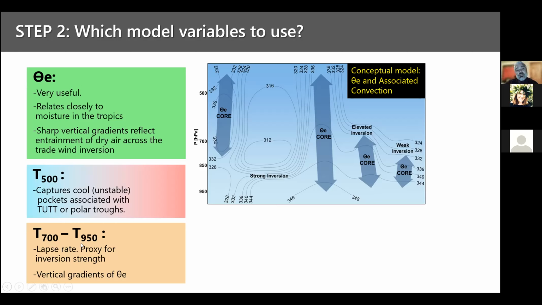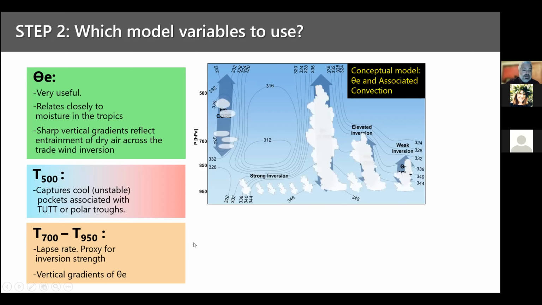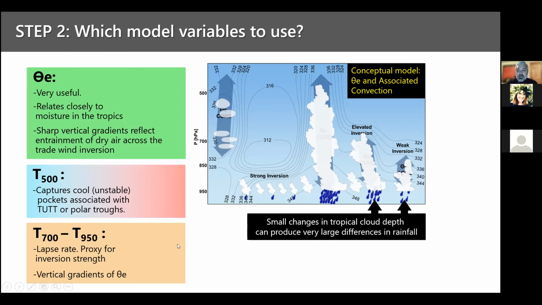And then the last thing we used was these two levels, 700 and 950, and also the theta E gradient in this lower layer, because we wanted to resolve the trade wind inversion. So basically, these are the different variables that we considered.